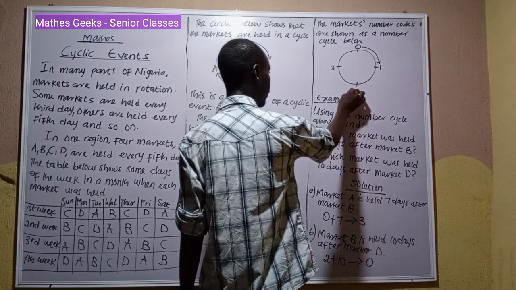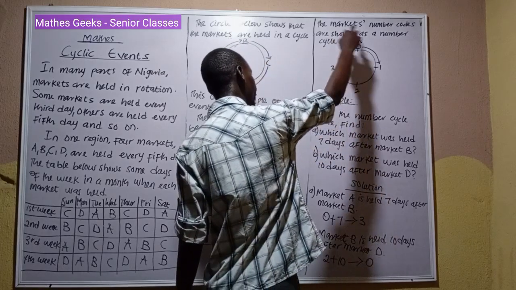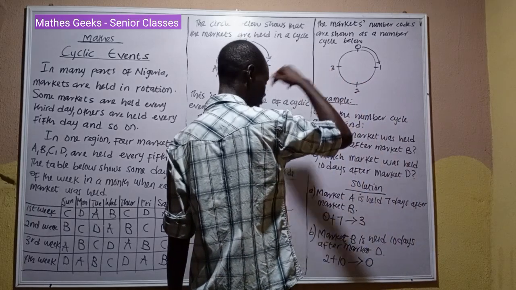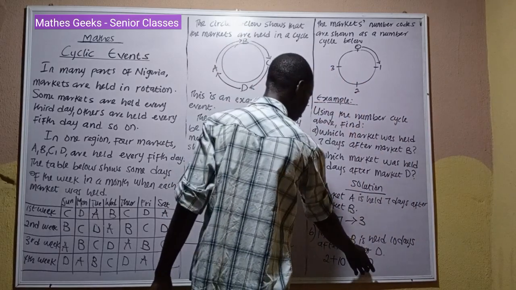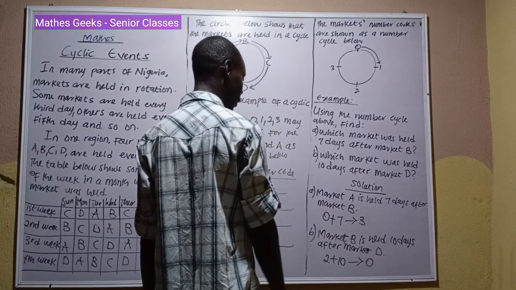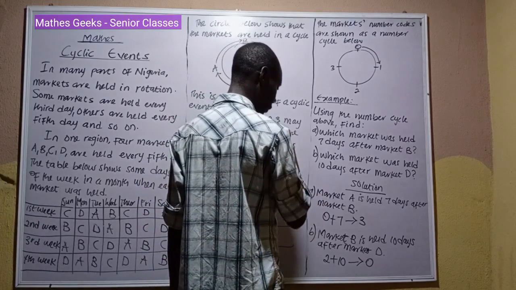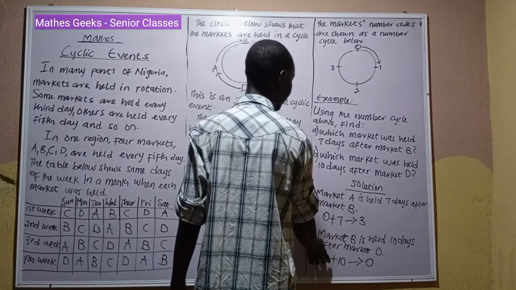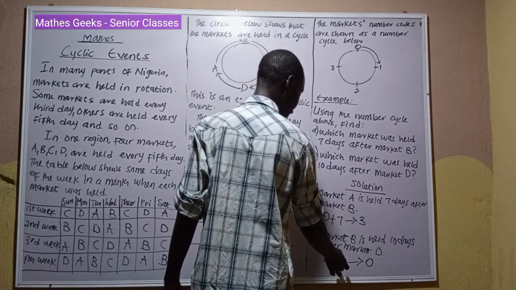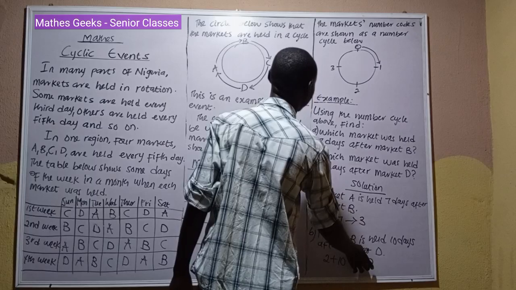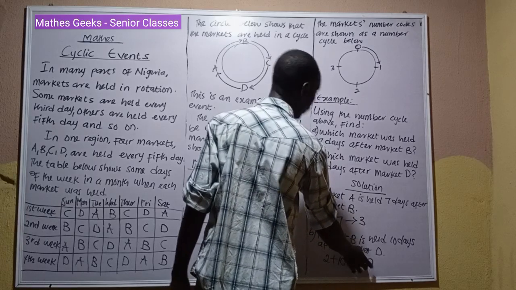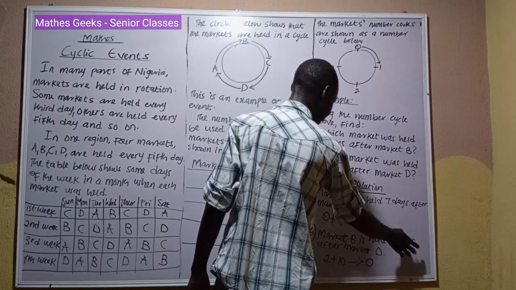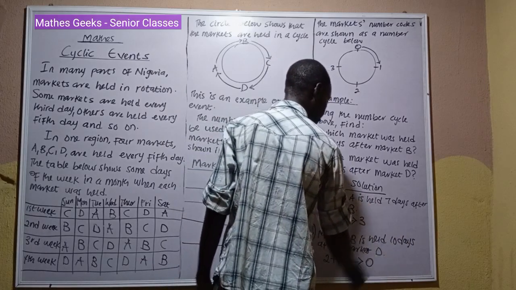From market D, which is the reference, rotate 10 times to where that rotation ends. Start at market D, which is 2, and then rotate 10 times, and we stop at code 0, which is for market B. So market B is held 10 days after market D.